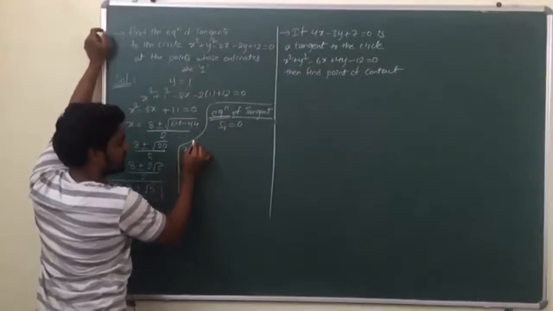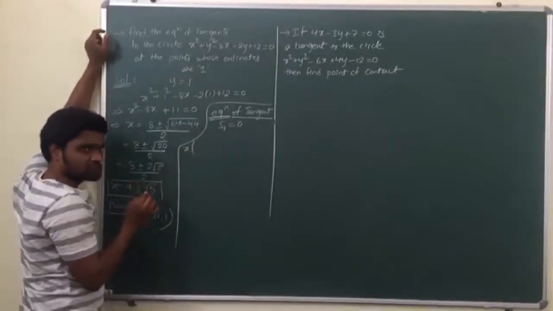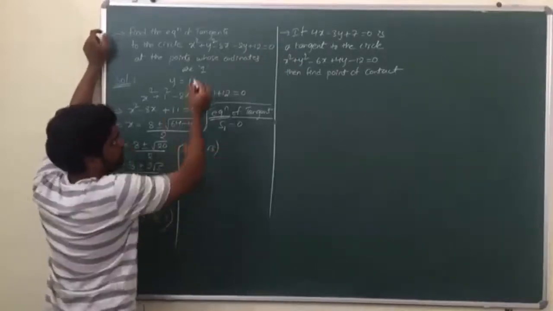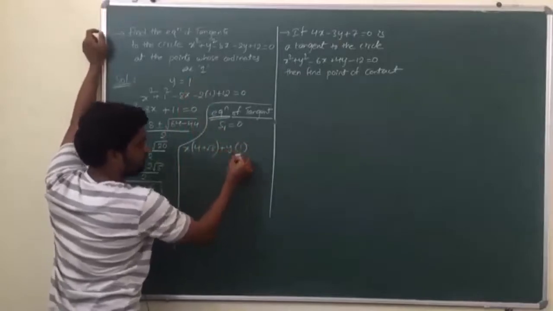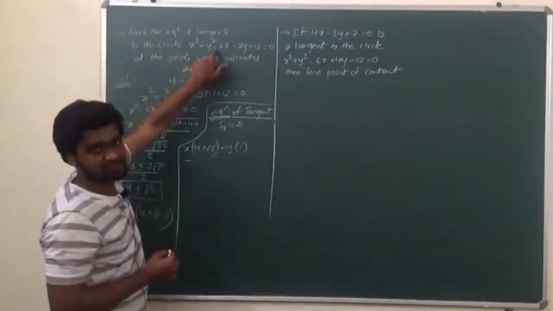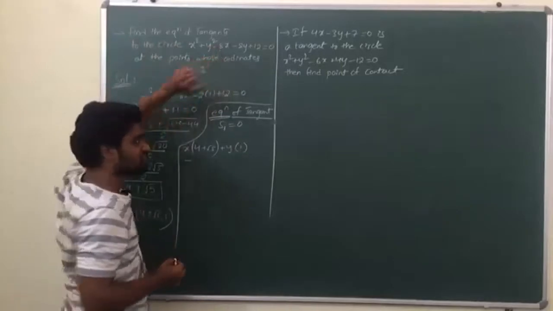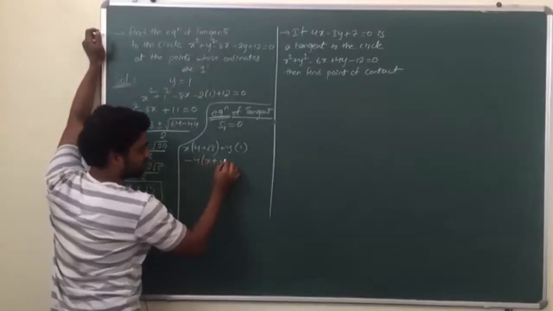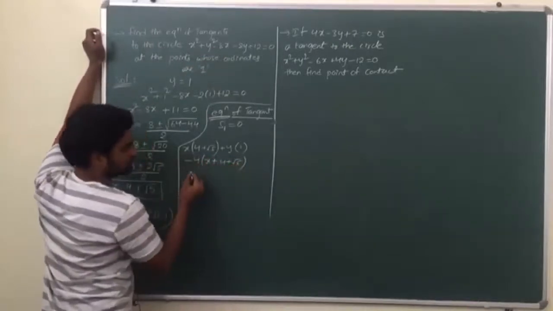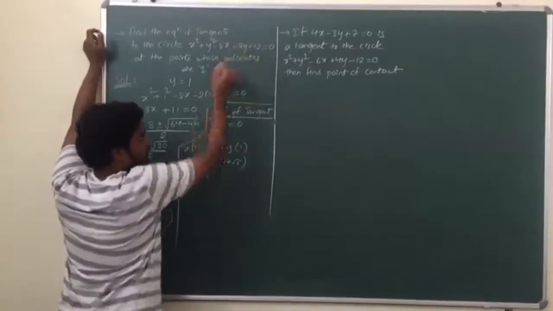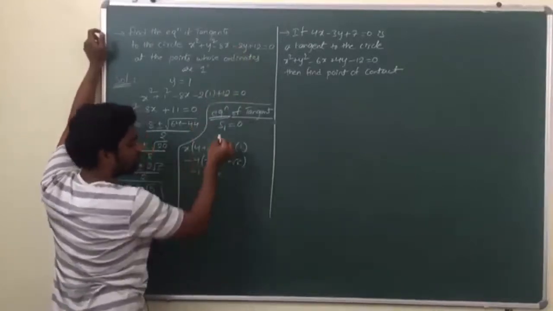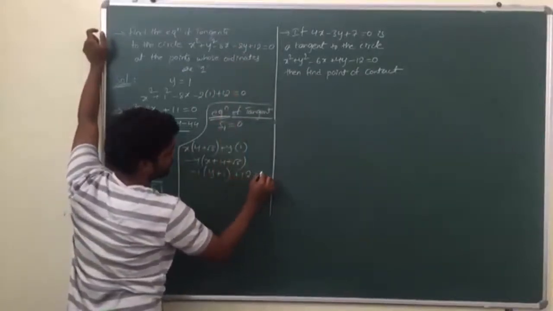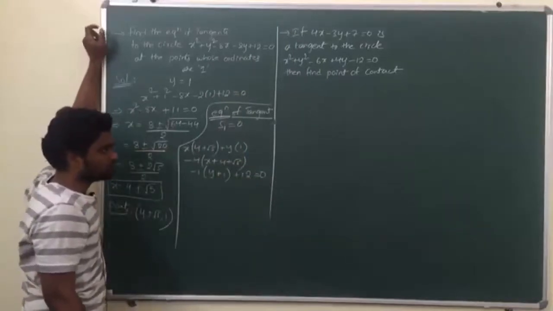Take any one of the points, 4 plus root 5, plus y into 1, minus 8, there is minus 8. So first divide it by 2: minus 4 of x plus x1, that is 4 plus root 5, next minus 2 by 2, that is 1, of y plus y1, where y1 is 1, plus 12 is equal to 0. Okay, any doubt here?